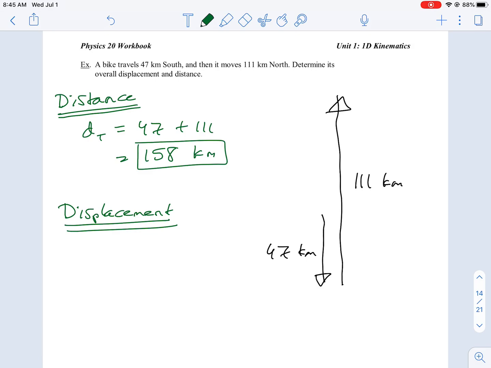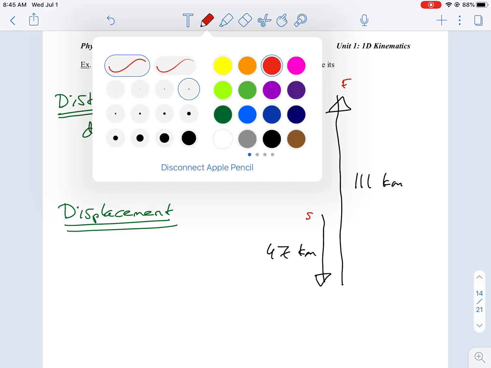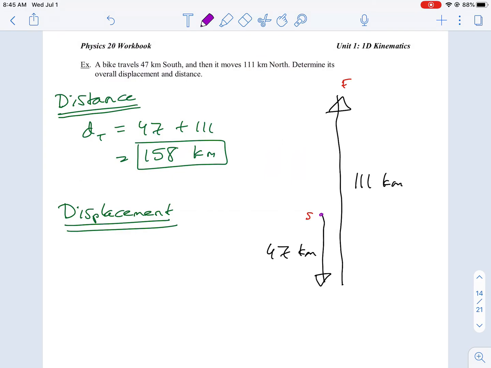The first way you can do this question is with the idea that displacement is your what-to-what vector. And it goes from start to finish. So if we draw a vector from start to finish, it started here, finishes up there. So this would represent the overall displacement.